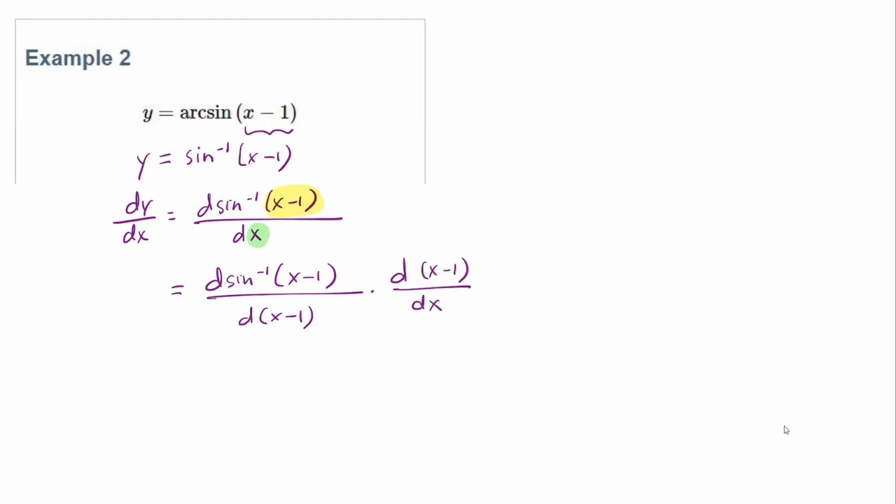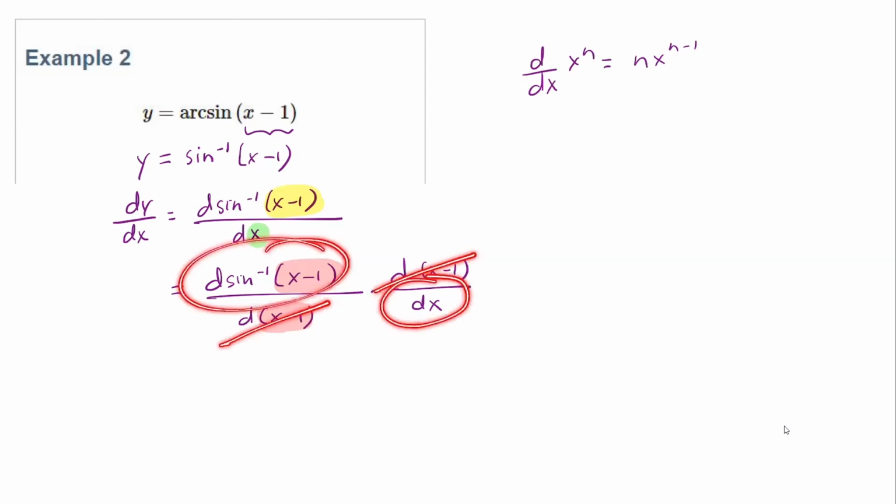Essentially what I just did is made the variable the same, so we could use the normal derivative rule, which is d over dx of x to the power n is n x to the power n minus 1. And if you cancel these two, they will be the same, right? We're just adding the same thing on numerator and denominator to make it easier for us.